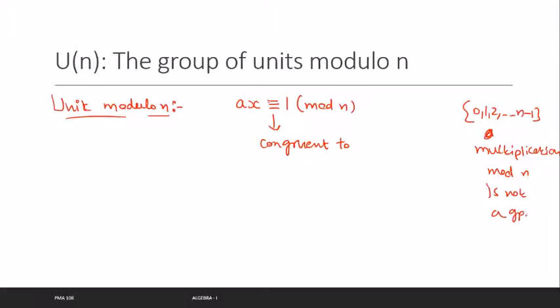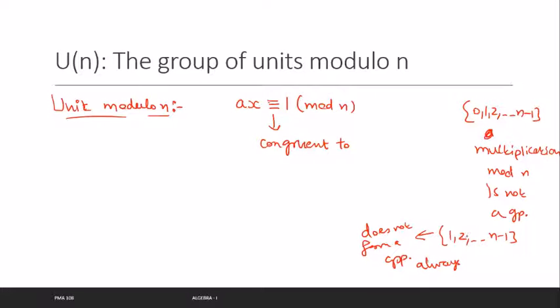We discussed this because the inverse of 0 does not exist, so 0 is definitely always problematic. If you remove 0 and just focus on the set 1, 2, ..., n minus 1, then this also does not always form a group.